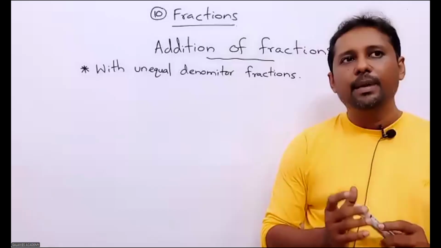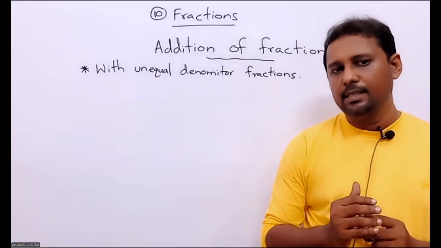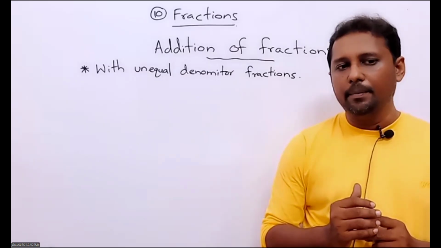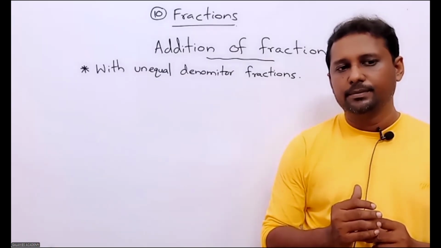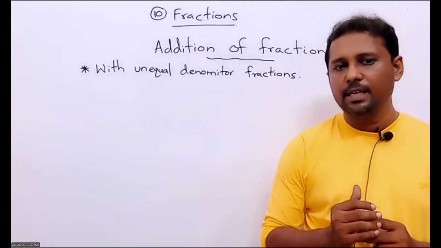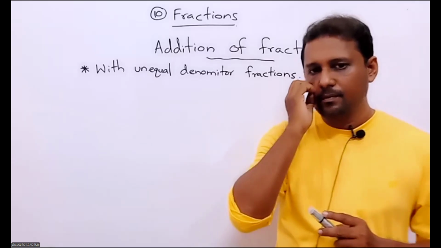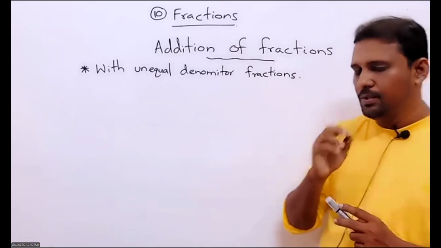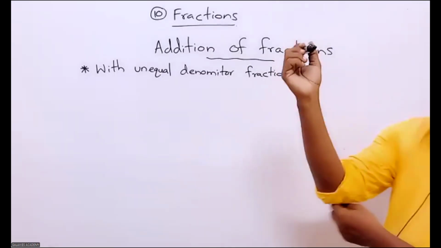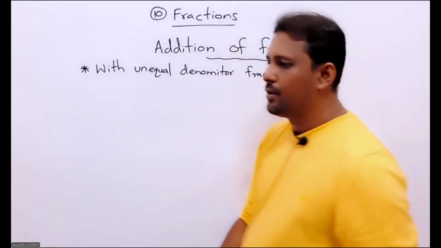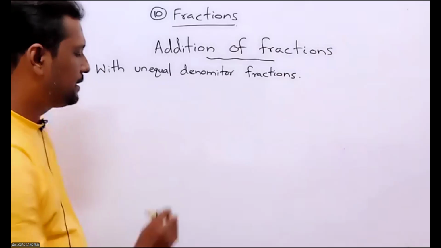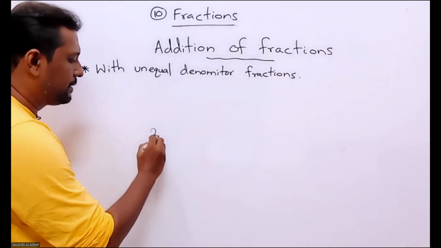Do you remember the fourth lesson I discussed with you? Finding the LCM. Do you remember the method of finding the LCM? Yes. Okay, again I will revise it quickly. Suppose we want to find the LCM of 2 and 8.